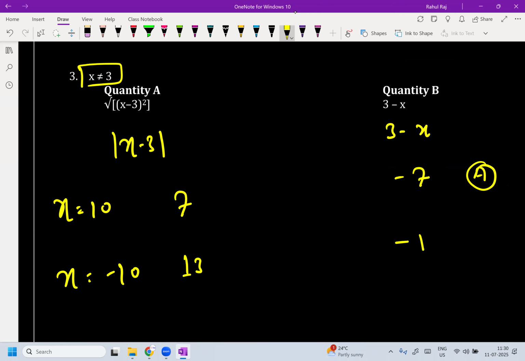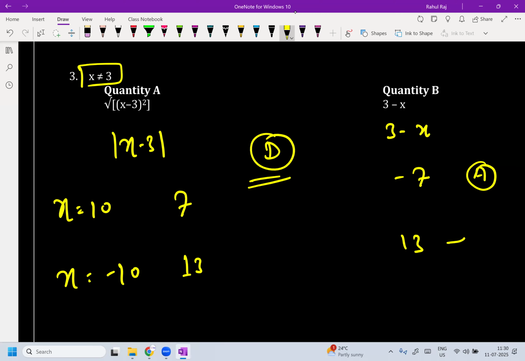So in this case, A is equal to B. So the answer is D.